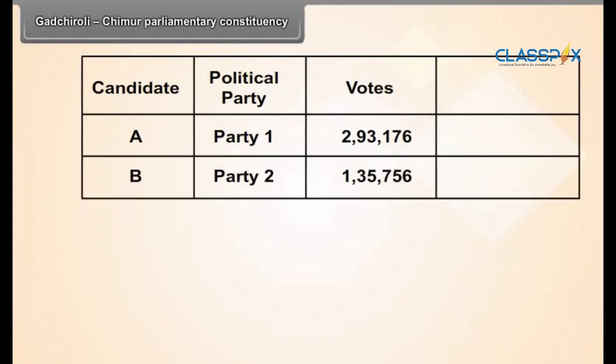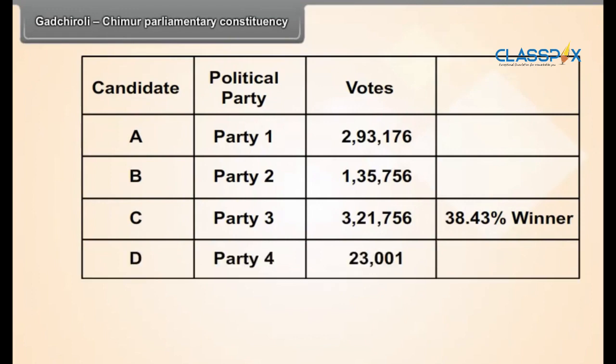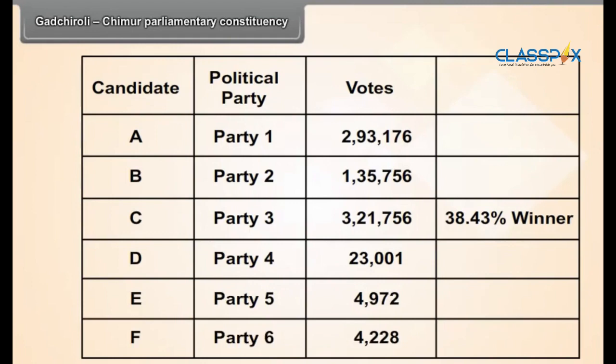2,93,176 votes. Candidate B, Party 2, 1,35,756 votes. C, Party 3, 3,21,756 votes. Declared as winner by 38.43%. Candidate D, Party 4, 23,001 votes. Candidate E, Party 5, 4,972 votes. Candidate F, Party 6, 4,228 votes.